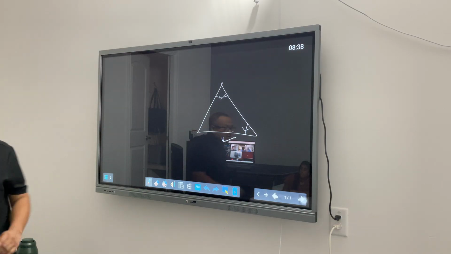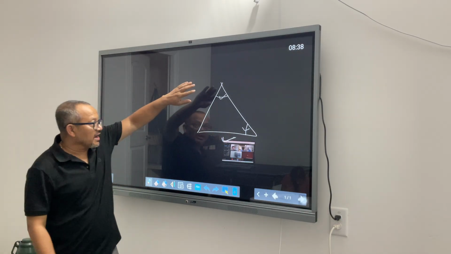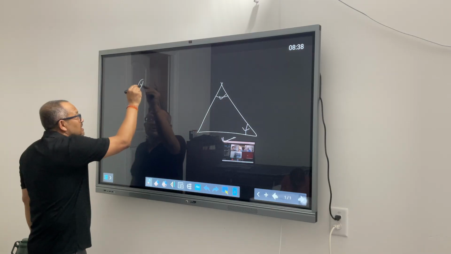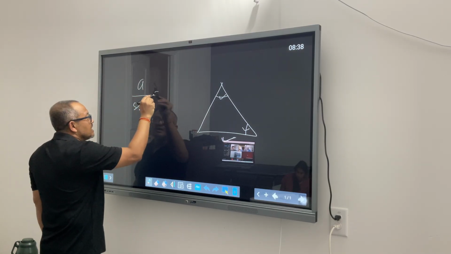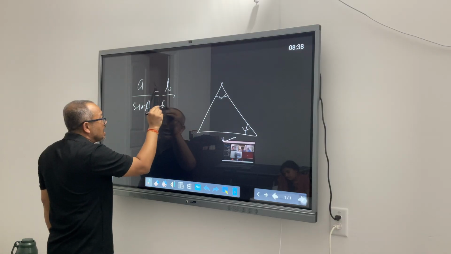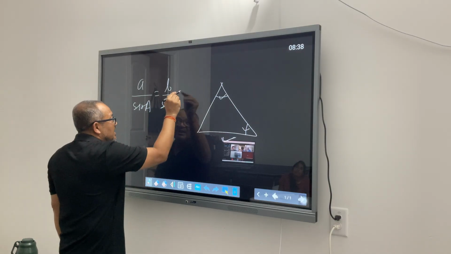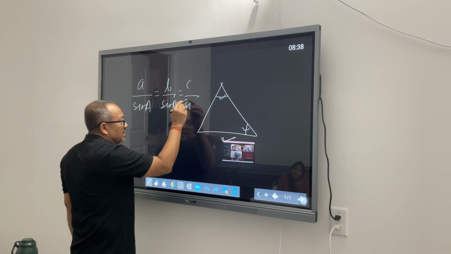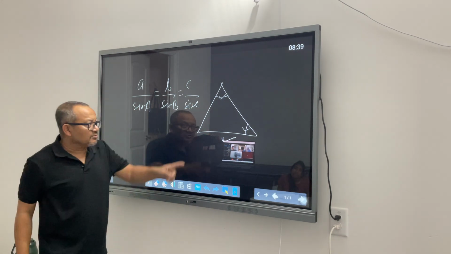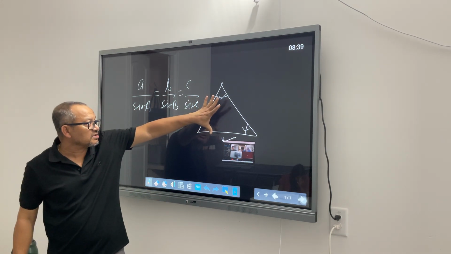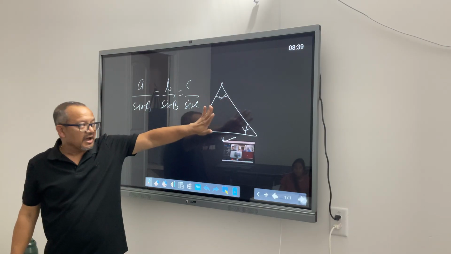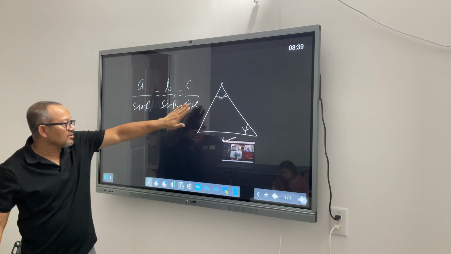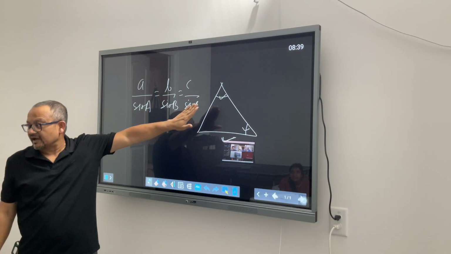Why? Because, see, law of sine is a direct relationship between the side and the angle opposite to that. If I have a situation where I have one combination of side and angle known, other angle known, I can find out the second side.